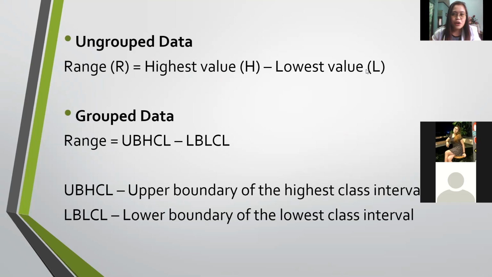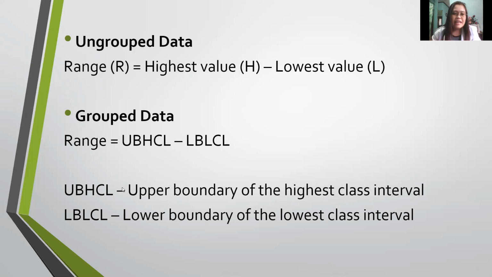But if it is grouped data, where we group the values, then this will be our formula. UBHCL is an abbreviation of the upper boundary of the highest class interval.